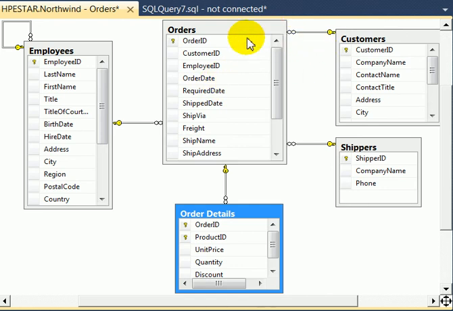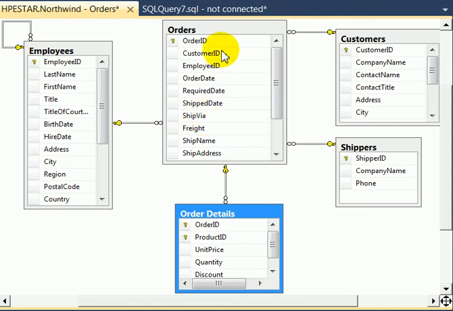The orders table has a foreign key to the customers table. So customer ID is a foreign key in the orders table, and customer ID is the primary key in the customers table. Similarly, shipper ID is the primary key in the shippers table, and probably this is it.